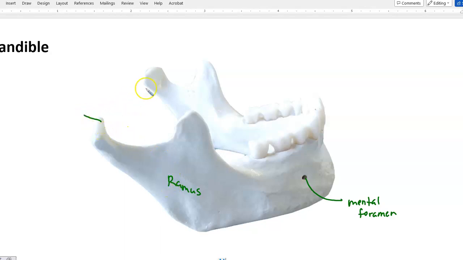You've got these things in the back, and those are the mandibular condyles. And then here, these 2 at the front, those are the coronoid, and these are processes. That's an O.